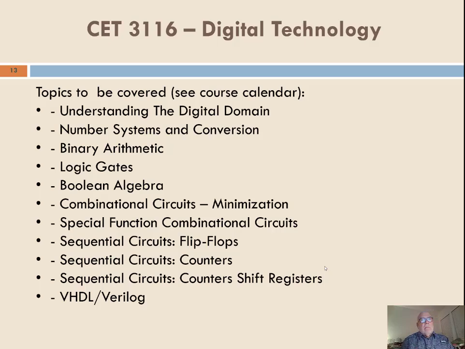Everything here is based on Boolean algebra, and Boolean algebra is physically carried out with logic gates. Then we go to several types of circuits that are combinational. They're not changing with time. They're not synchronous or asynchronous. They're simply static. Those are combinational circuits, and then we're going to look deeply into minimization.